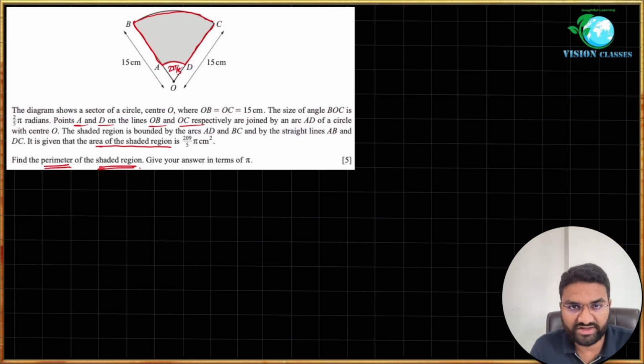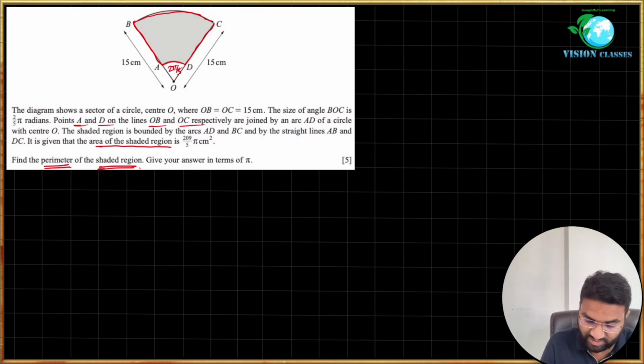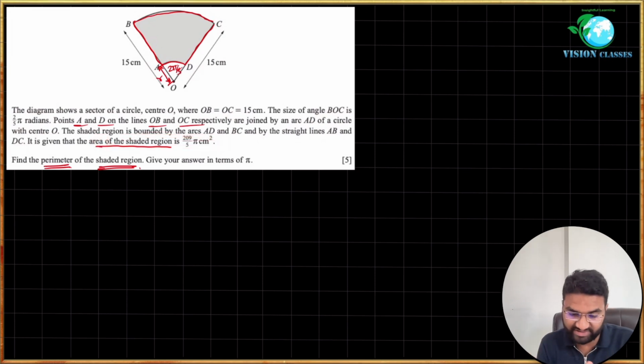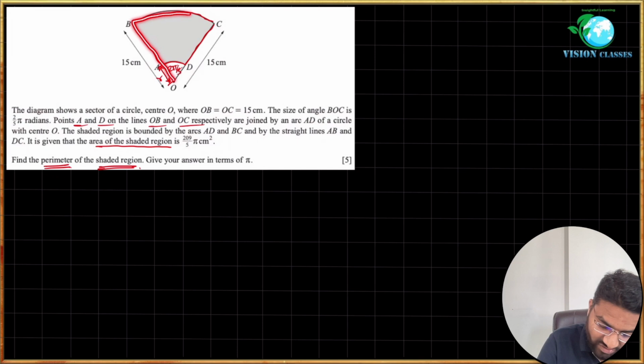If you look at the whole diagram, we don't have the length OA. We can assume this OA as a small r. Once we assume this small r, we can solve the whole equation. The area of the shaded region is given, that is 209 pi over 5, so you can calculate the area of OBC minus OAD.